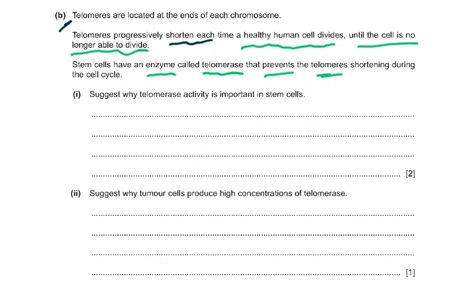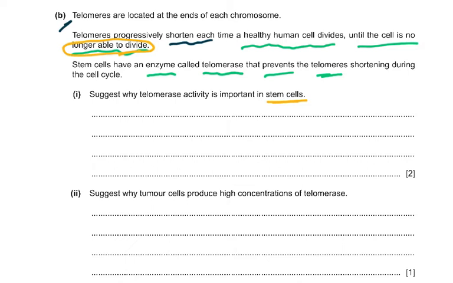Coming to this part of the question, suggest why telomerase activity is important in stem cells. Now, if you remember, stem cells is part of a very previous chapter in which the stem cells are the ones which are responsible for all the development of the different organs of the body and the differentiation. So basically telomerase activity, you see, because it says the cell is no longer able to divide.